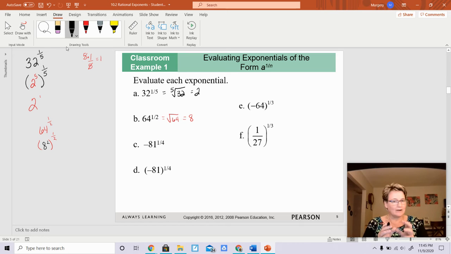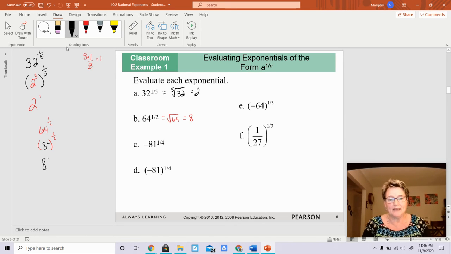Now we have 8 squared raised to the 1/2 power. So my base is 8. 2 times 1/2 is 1. So your answer is 8. So again, if you don't want to turn it into a square root or a fourth root or whatever it happens to be, you could do what I'm doing right now on the side here.